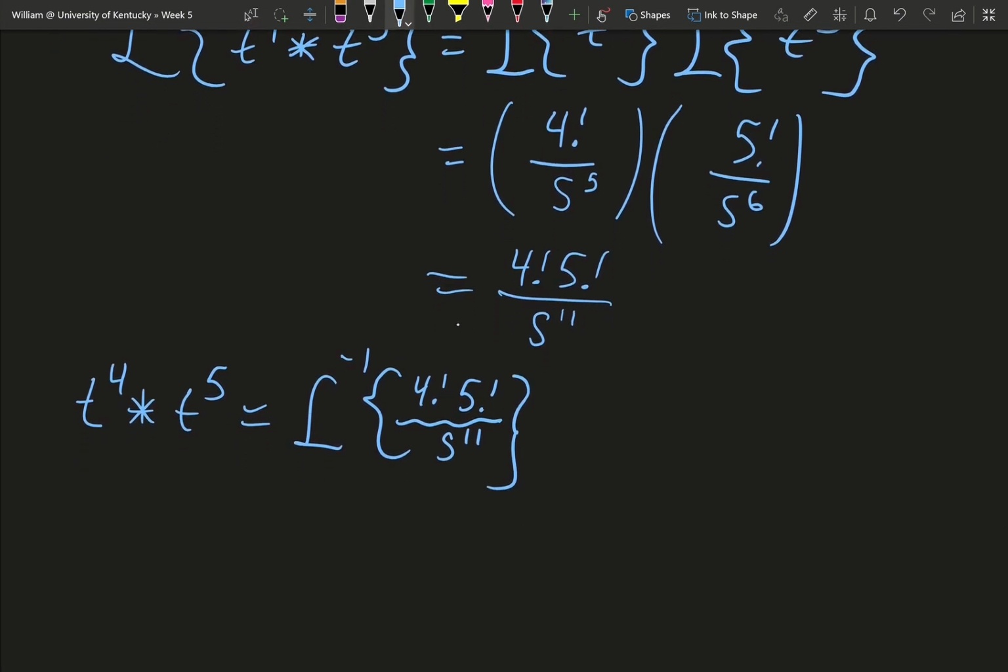Well, I have an s to the 11th, so that should correspond to a 10th power. So I'll pull out the constants inside, and then I'll multiply by 10 factorial and divide by it.